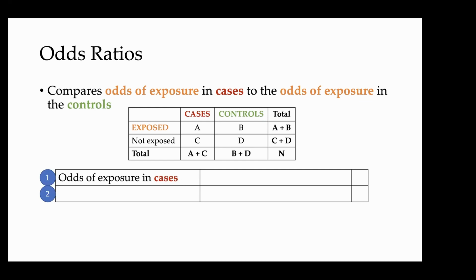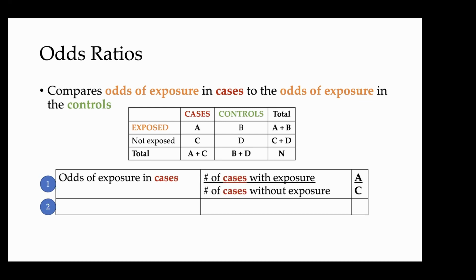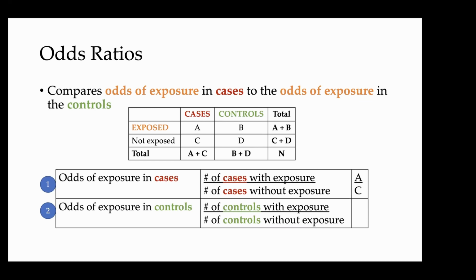This simply reduces down to the number of cases with an exposure divided by the number of cases without an exposure. So if we're looking at our 2x2 table, it's going to be A divided by C. Alternatively, you need the odds of the exposure in the controls, which reduces down to the same thing: the number of controls with the exposure divided by the number of controls without an exposure, which is going to be B divided by D.